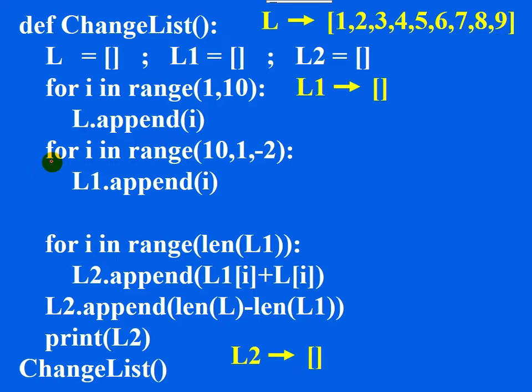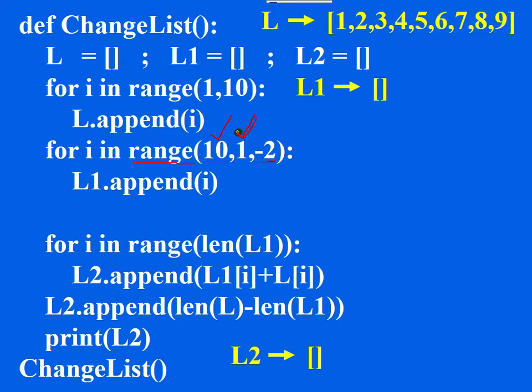Now the next for loop, I in range. I told you range function returns all the integers starting with 10, ending with 1, 1 is excluded, in steps of minus 2. So you get 10, 10 minus 2, 8, 8 minus 2, 6, 6 minus 2, 4, 4 minus 2, 2. 2 minus 2, 0 will not appear because it ends with the 1, 1 is excluded.